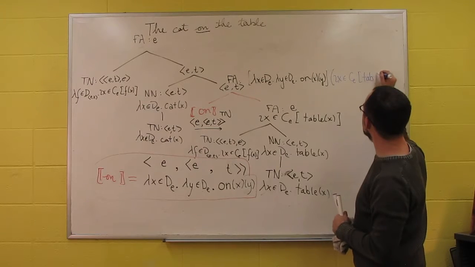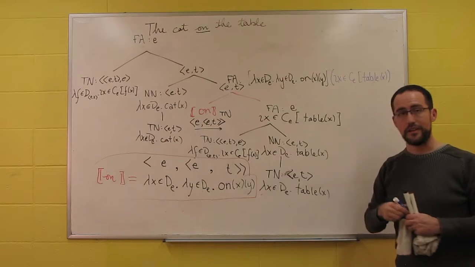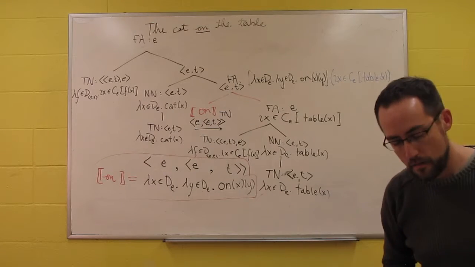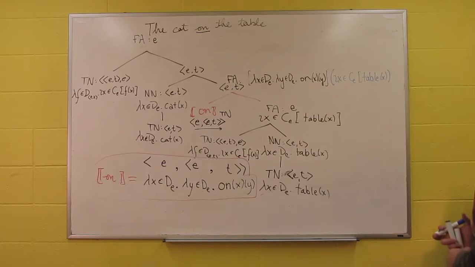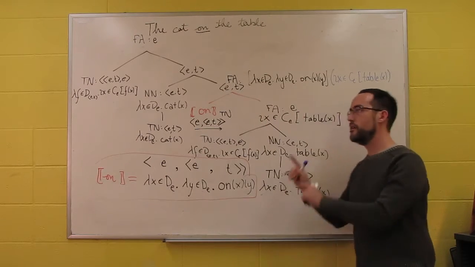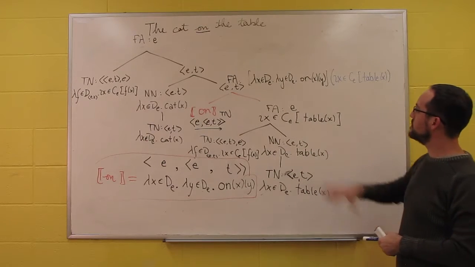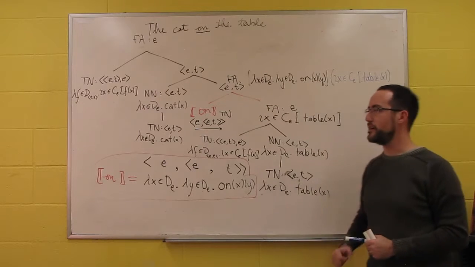Now, if you're listening carefully, you might be like, wait a second, did he just say table? Yes. And that was a mistake, because I should have said the table. Table is a noun, it's not the argument of on. The argument of on is the DP, the table. And so semantically, the table is what we plug in.